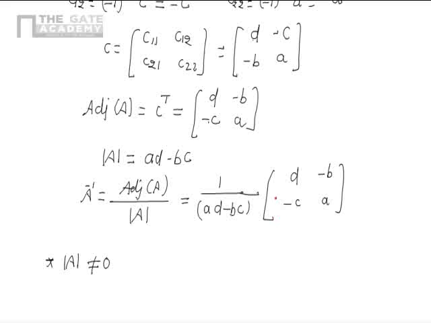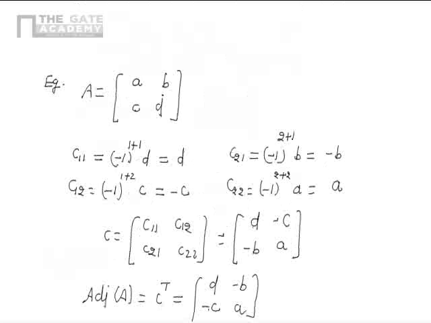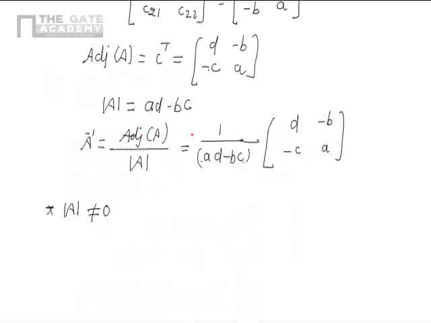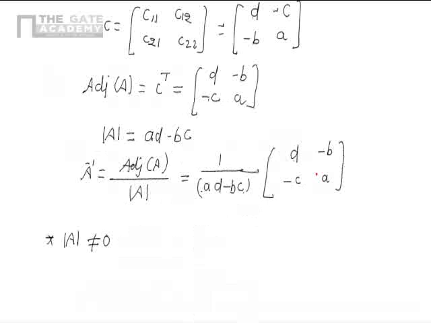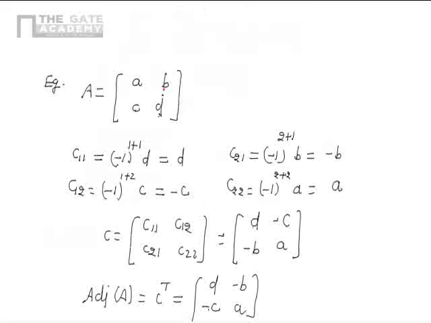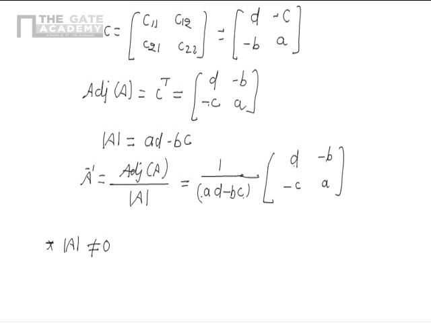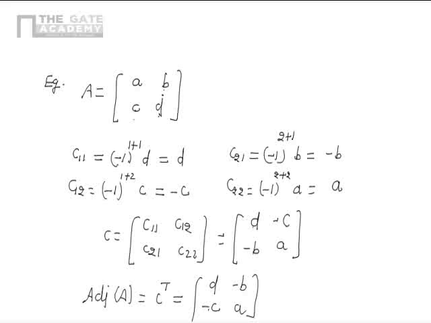Since it is a 2 by 2 matrix, we can see the 4 elements A, B, C and D, and the inverse is nothing but the determinant multiplied by the adjoint. So what I can see in the matrix is that A and D elements are the diagonal, so these diagonal elements have been swapped, and other elements B and C are coming with a negative sign.